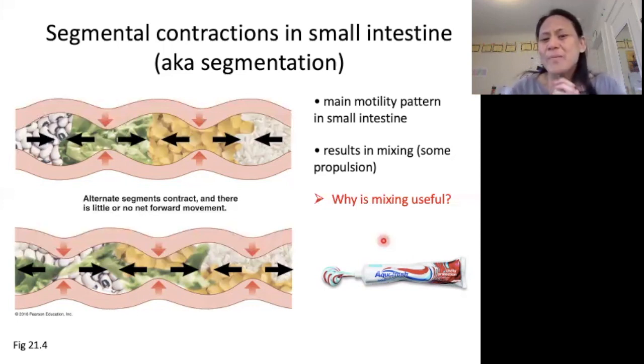I've already addressed this before when talking about the stomach, so you hopefully already know this, but mixing is useful because it helps the contents of the chyme come into contact with the digestive enzymes. And in that way, the enzymes can work on the contents of the chyme to break them down and get them ready to be absorbed by the walls of the intestine.